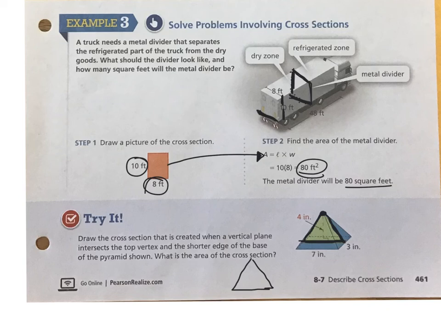Since the triangle is cut from the top through the shorter edge, which is the one marked 3 inches, then that means the bottom edge of this triangle in my cross section has the same dimension as the 7 inches along the bottom of the triangle in the picture. Next, we need to look for the height. Since the height of that pyramid is 4 inches, then the height of our cross section is also 4 inches.